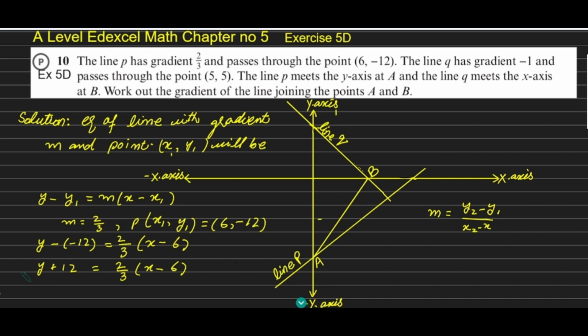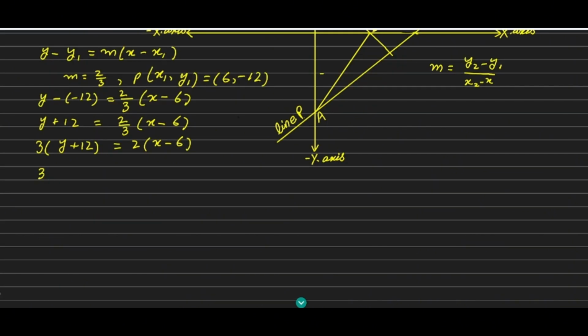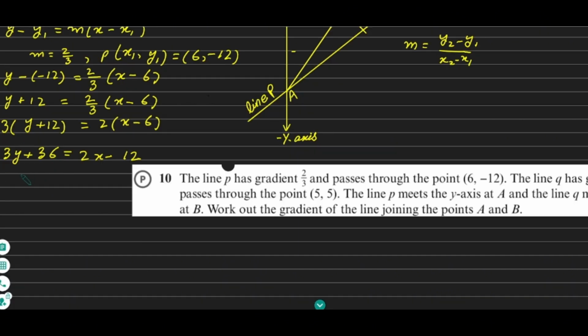Now this 3 is multiplied on this side. 3y plus 36 equals 2 into x minus 6, which is 2x minus 12. Now we find the equation of line.